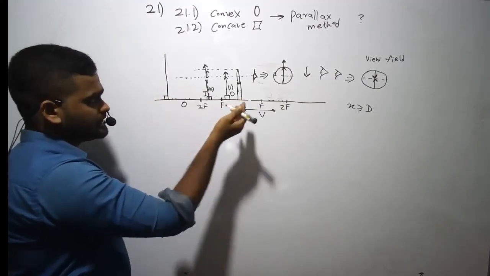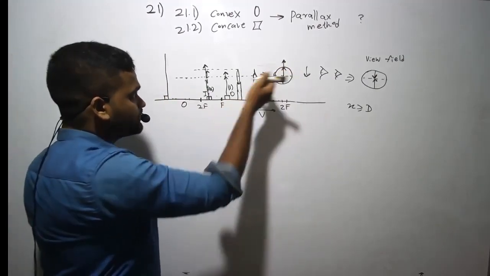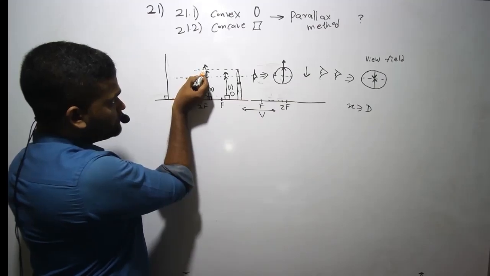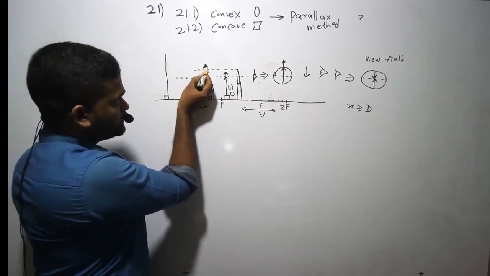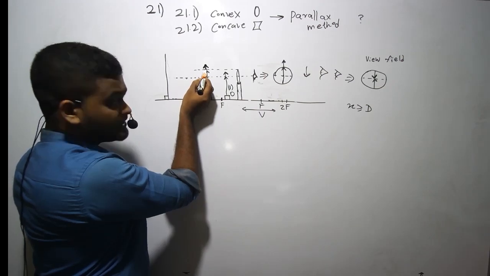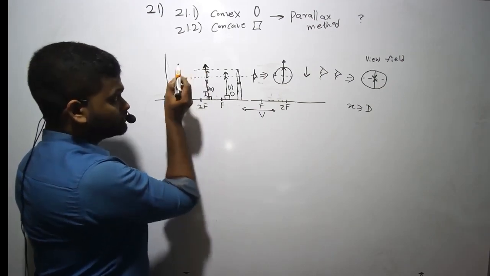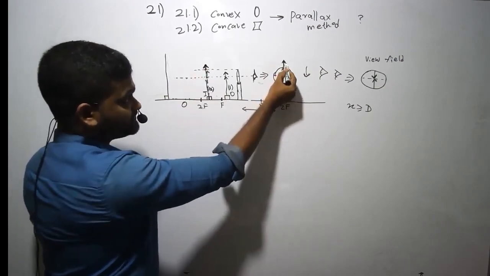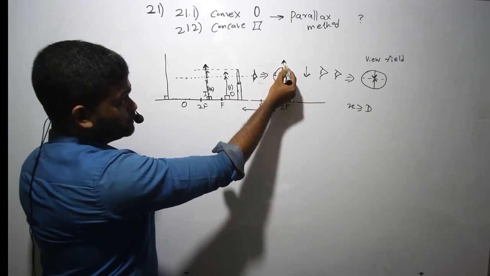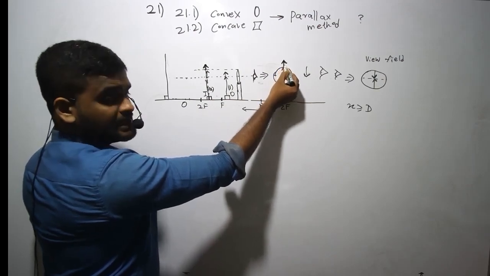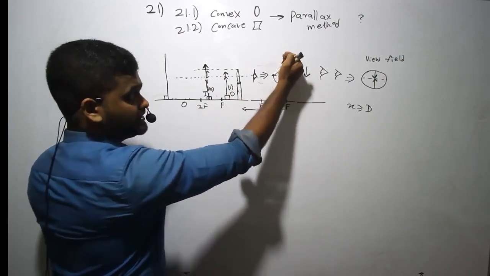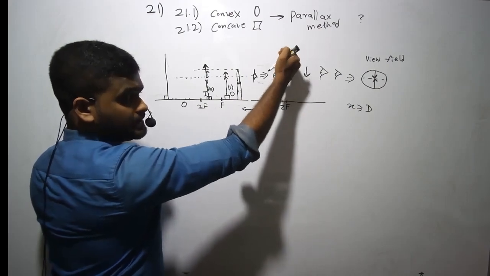Even though you don't see other objects through the lens, you know this upper part of the observing pin, pin 2, you will see that. This is not through the lens, right? This is above the lens. You see this upper part above the lens.